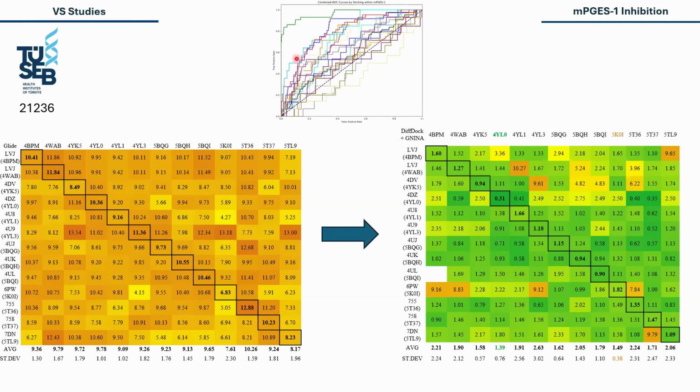So we applied different approaches, and as you can see in the green ROC curve, we were able to distinguish the most active compounds from the decoy sets and also inactive ones.